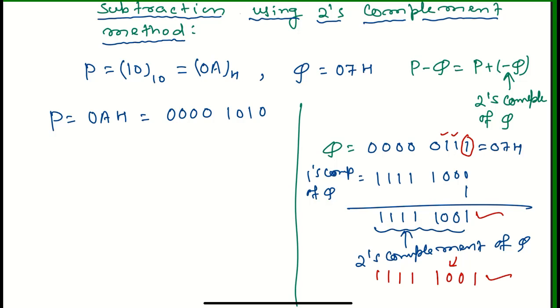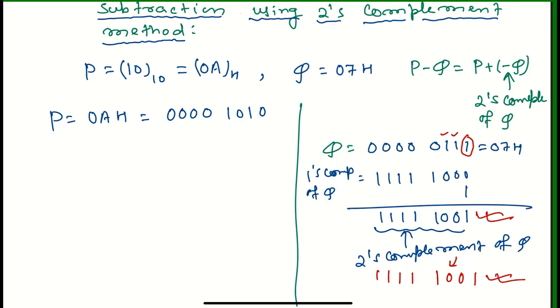You can opt: if you want to find the 2's complement with the help of the 1's complement, then follow that method. If you want to find the 2's complement of Q directly, then you can follow this method directly.